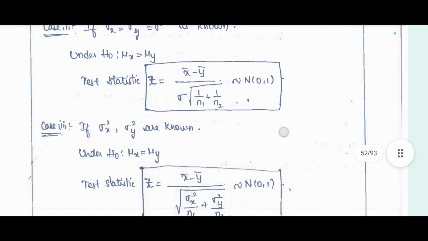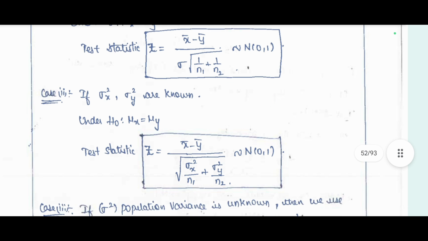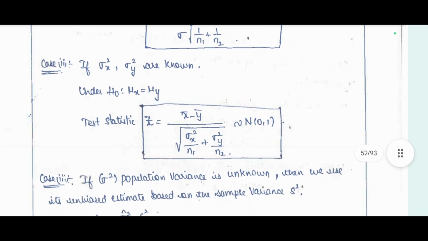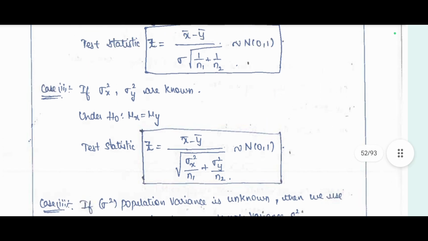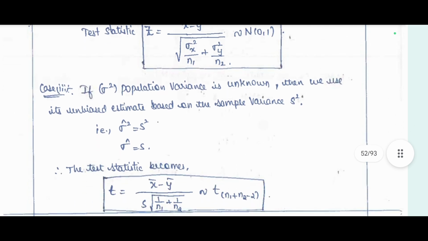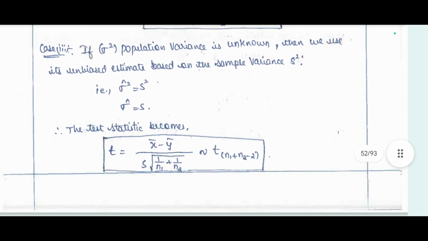That is the first case. Second case: sigma squares are unknown, x bar minus y bar divided by the square root of sigma square of x divided by n1 plus sigma square of y divided by n2, which follows the normal distribution. Case 3 will also be similar to this.